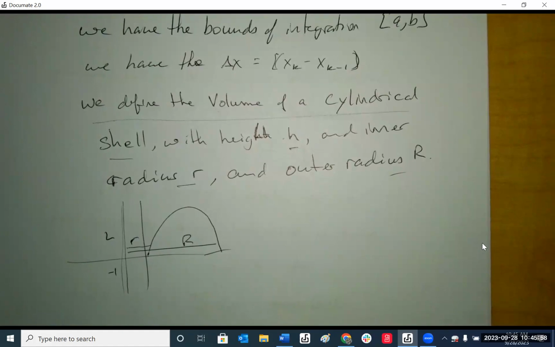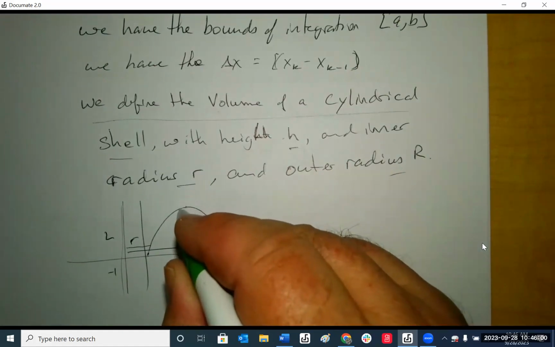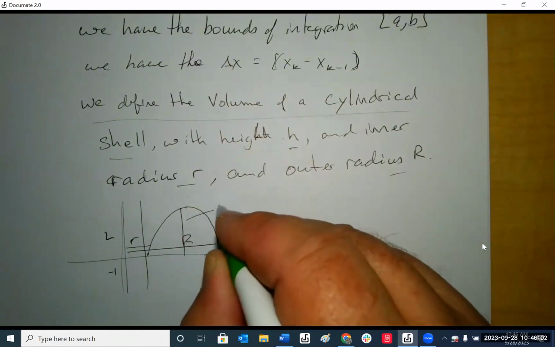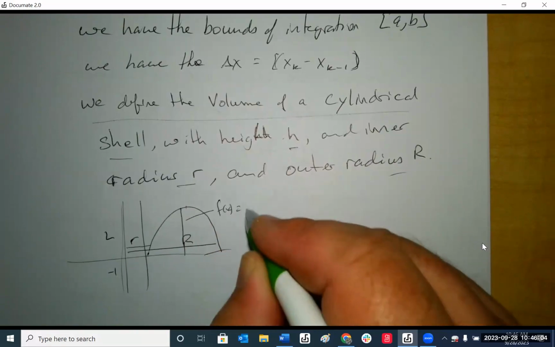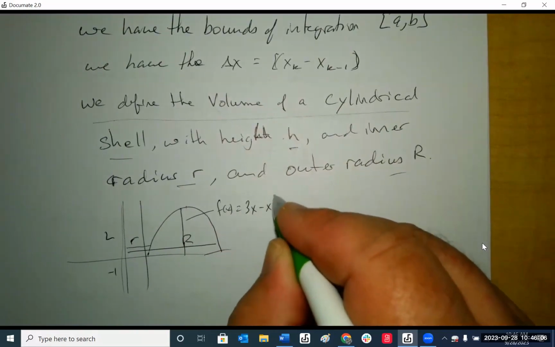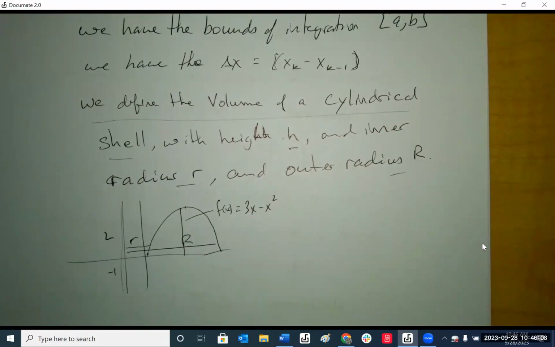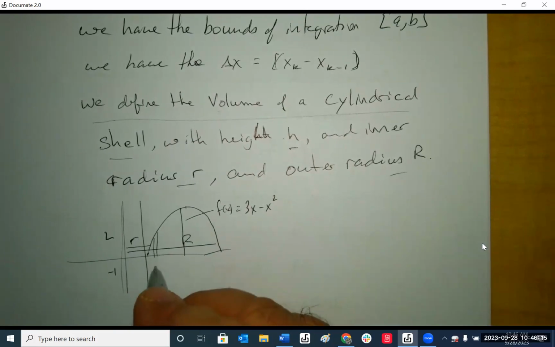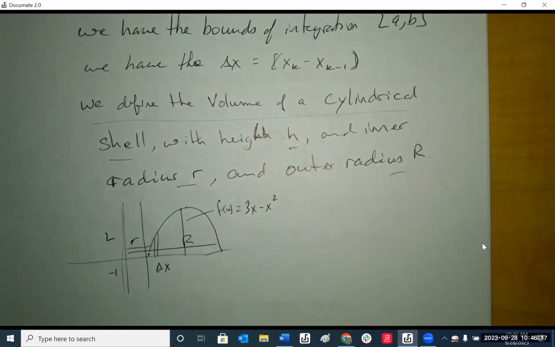And the height of this function was the 3x minus x squared. It was the function itself. And then we had all these delta x's here. So we have everything we need right there.